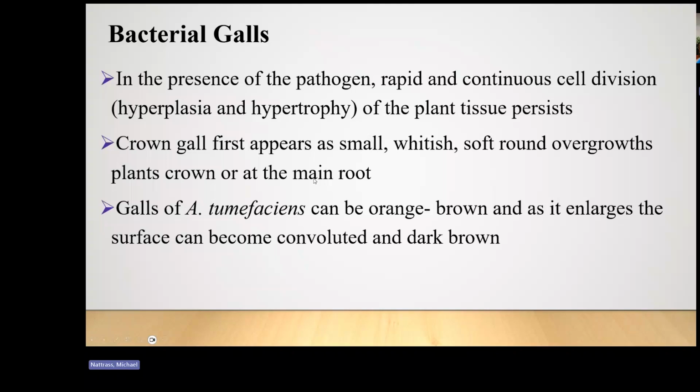And you'll likely see that on the main root, not so much on the root hairs. If you do have this bacterial infection, you probably don't have root hairs because it's degraded all that cell material, and those cells can't divide. That cell division and the zones of elongation and just the creation of new cell tissue.